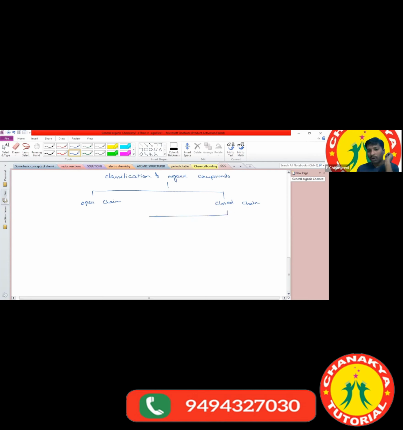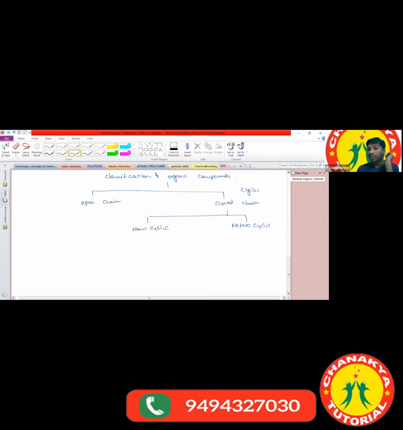Closed chain compounds are again classified into two types: homocyclic compounds and heterocyclic compounds. Closed chain is nothing but cyclic rings.